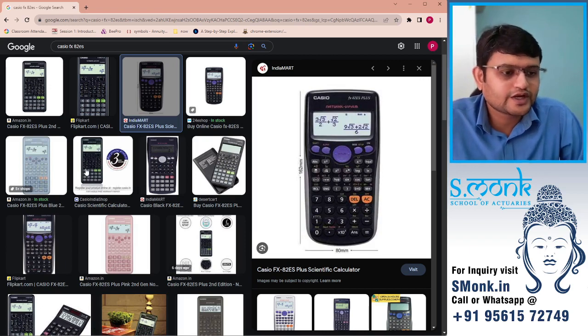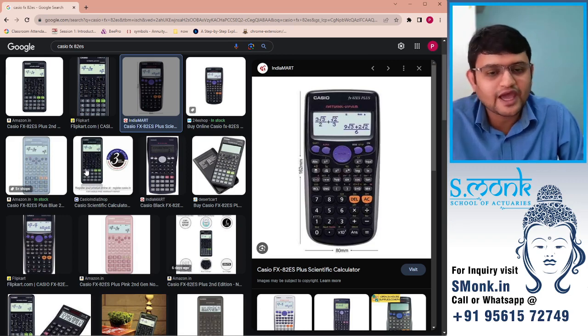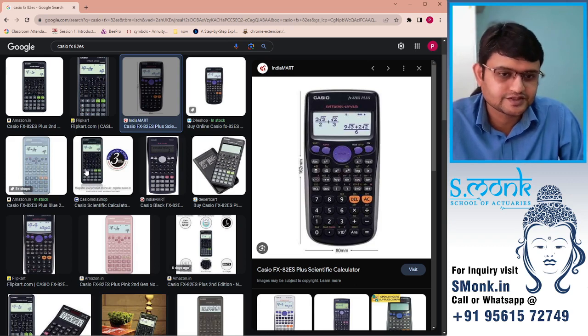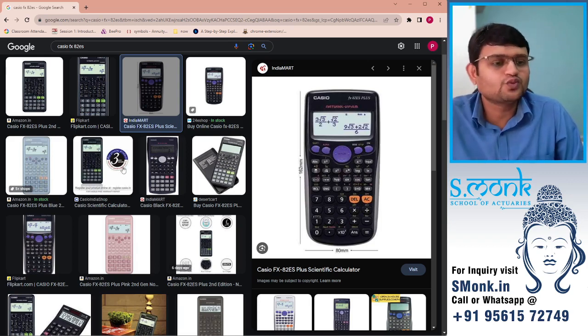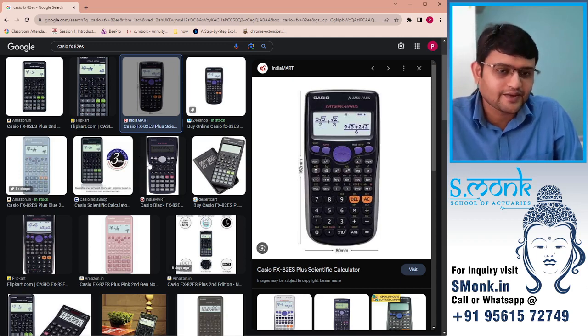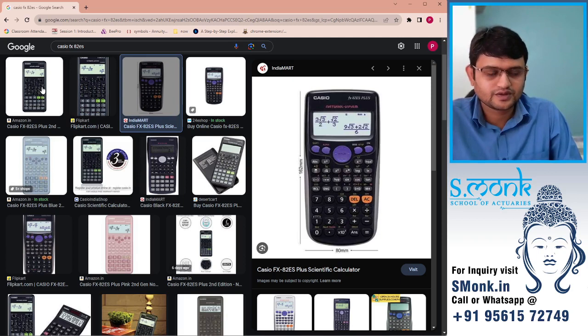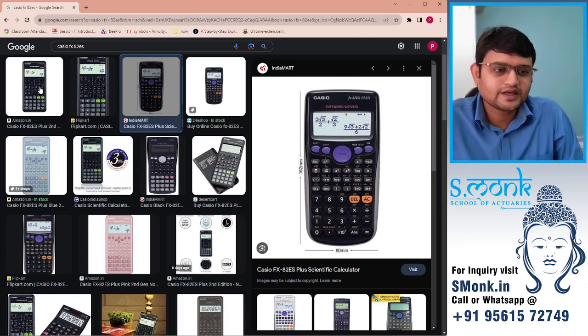Tajpai, you are asking if IAI allows FX MS 82. Yeah, 82 MS you can use, but I am telling you buy 82 ES, because there will be at least one function that is present in ES that is not present in MS, and we require that. So please buy ES.